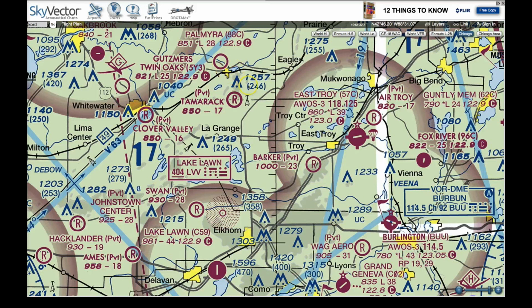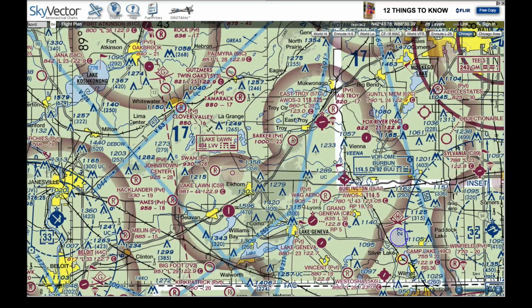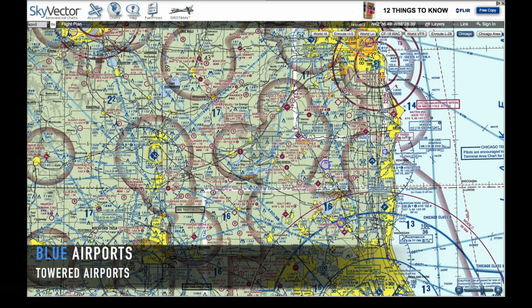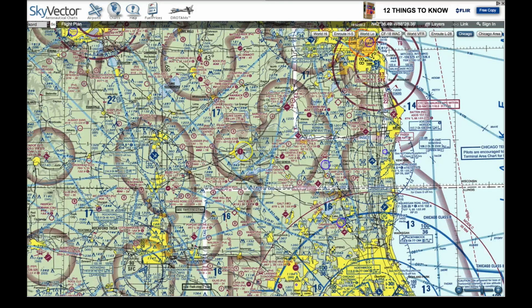Now, the other thing you're going to notice is that a lot of the airports on the chart are either this magenta color, which the majority of them actually are in this area, or we have some blue airports here. We have a blue one here, we have a blue one here, and so on. The difference between magenta and blue is that the airport is either a towered airport, which is the blue color, or an untowered airport. Now, that doesn't mean that there's not airspace around that airport. It just means that there's not a physical tower at the airport.